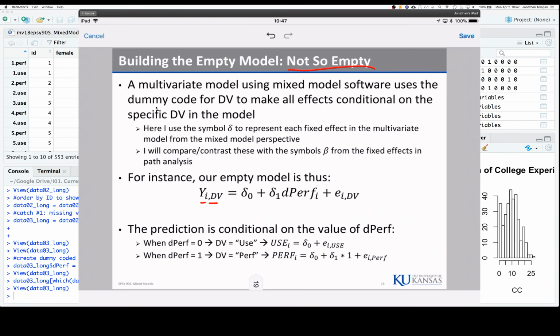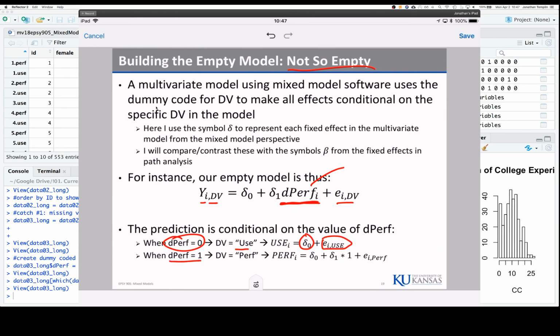So now we're going to model that with a predictor of the dummy code for which variable that happens to be. We'll still have our error term there as well. But what we'll end up seeing here is that when we have an outcome variable that is usefulness, this dperf is equal to 0. And so our model ends up giving us an intercept plus error.